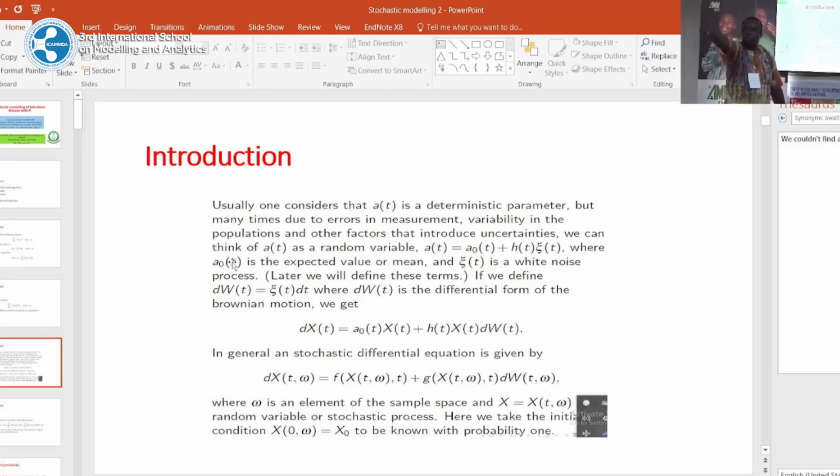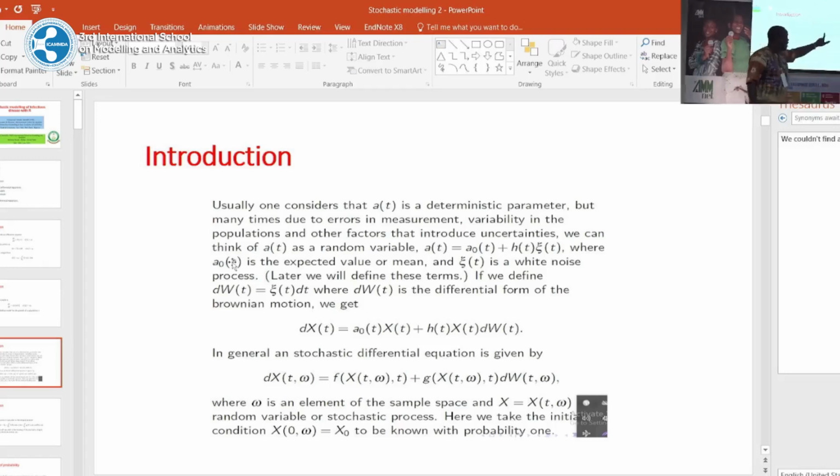If we subject it to a random variable, that's why I was saying that you can pick any of the parameters in your model, maybe gamma or any of them, where you feel there is some uncertainty, like beta, the transmission rate. So you subject the transmission rate to some stochastic fluctuation. Then you have a random variable which has these features.